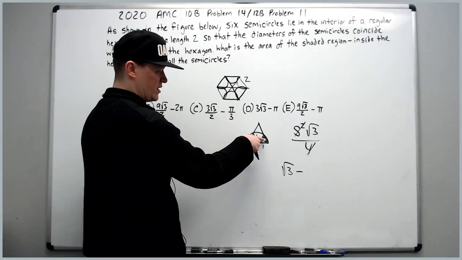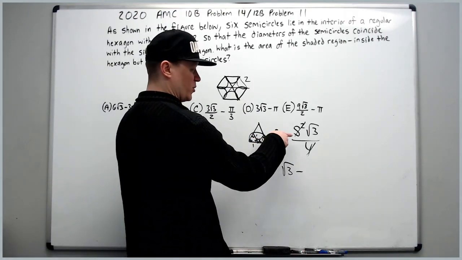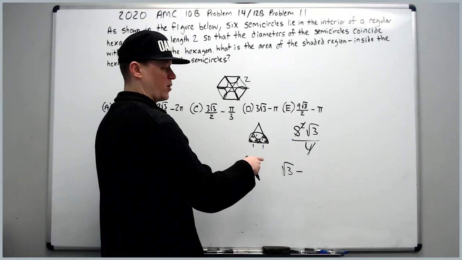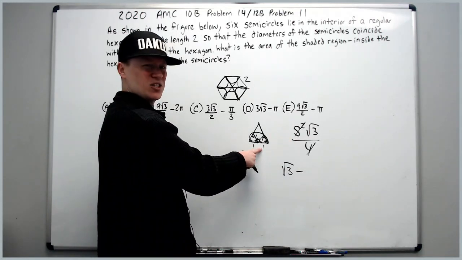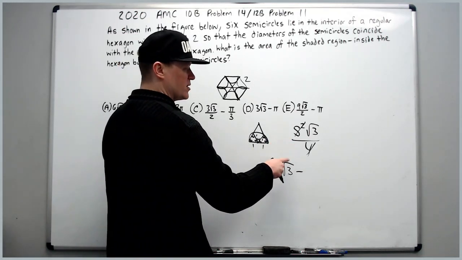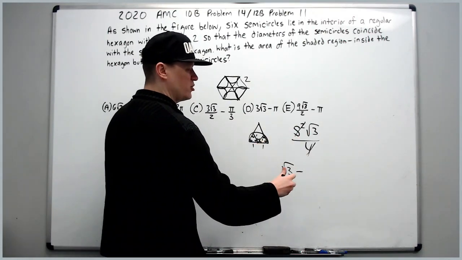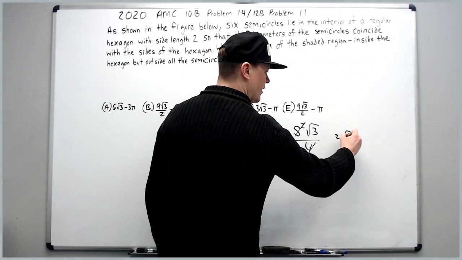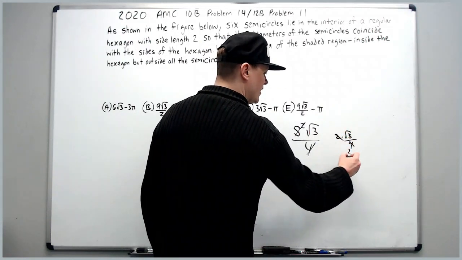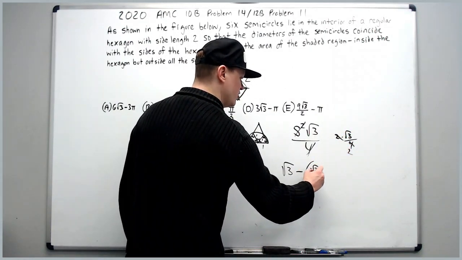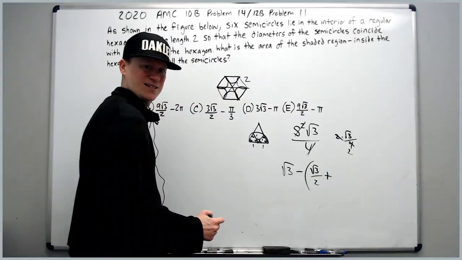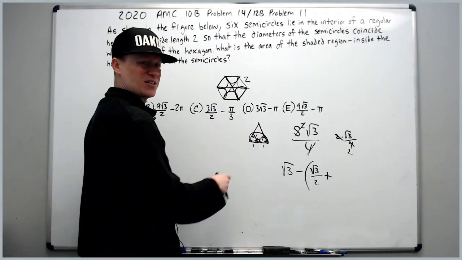We can just do these 2 equilateral triangles, which are also s squared root 3 over 4, but s is just 1 this time. So it's going to be root 3 over 4, but there's 2 of them. So 2 times root 3 over 4 is root 3 over 2. Plus, we also have to add the sector in the middle.